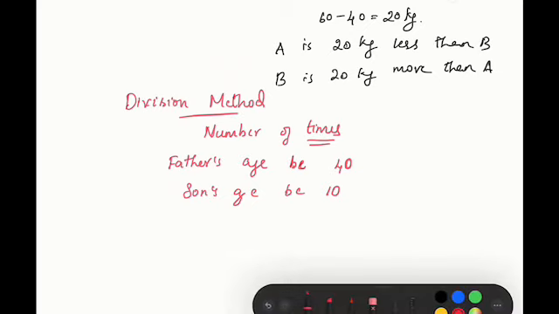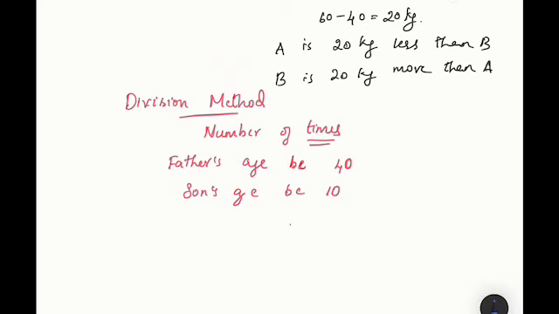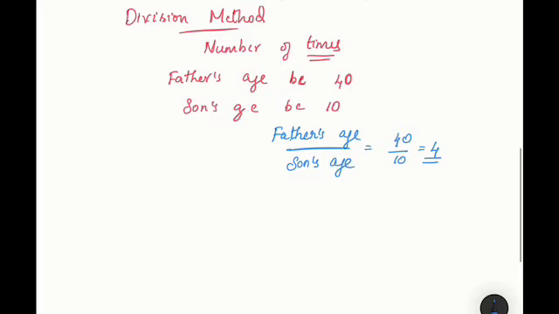So in the division method, let me do father's age by son's age, that is equal to 40 by 10 equals 4. So I can clearly tell father's age is 4 times of his son's age.